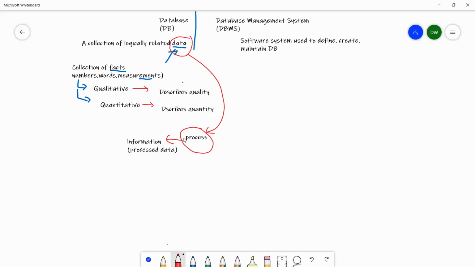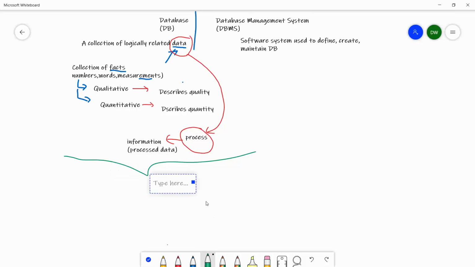So once we process, we do not call those data as data anymore. We call those data as information, right? And when we have data and when we want to process those and take management decisions, to do all of that, we will have to store this data.